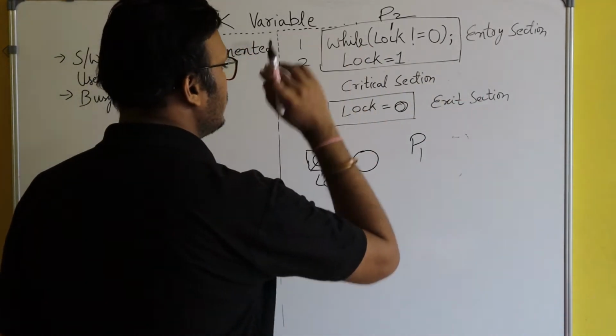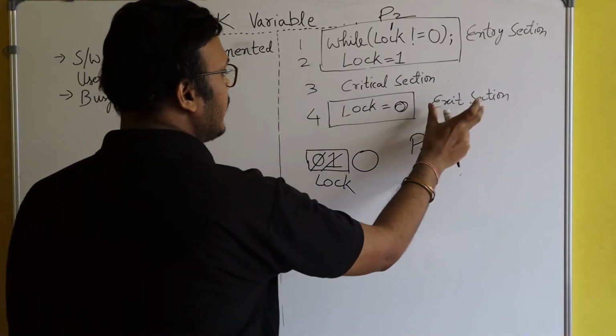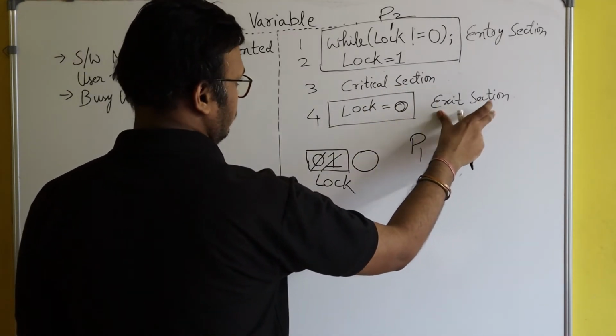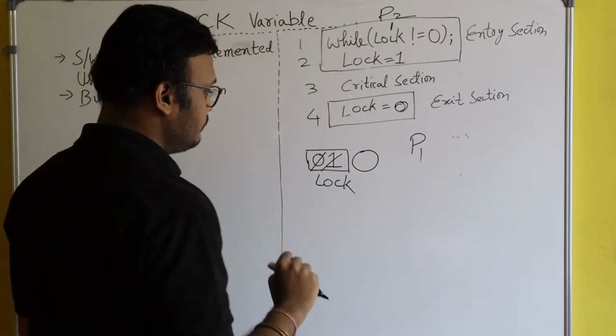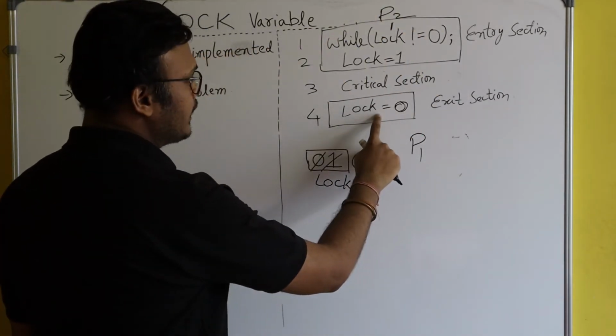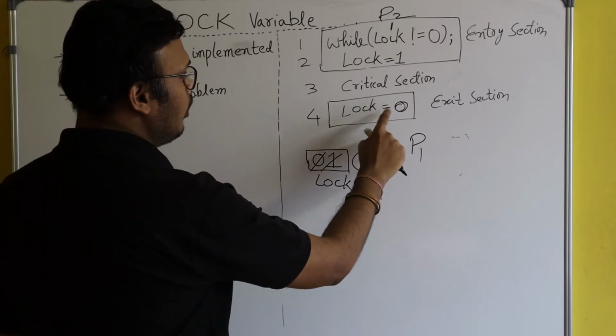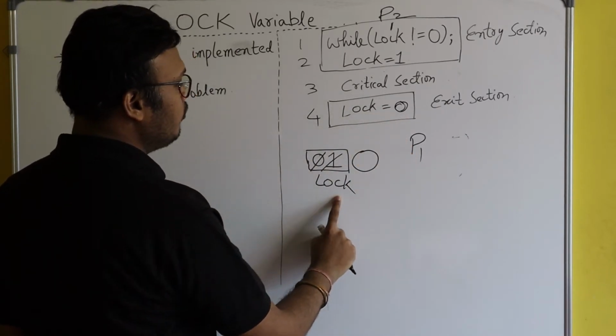Now see how this exit section code will help P2 to break this loop. In the exit section code it's written lock is equal to 0, so the new value of lock is 0.